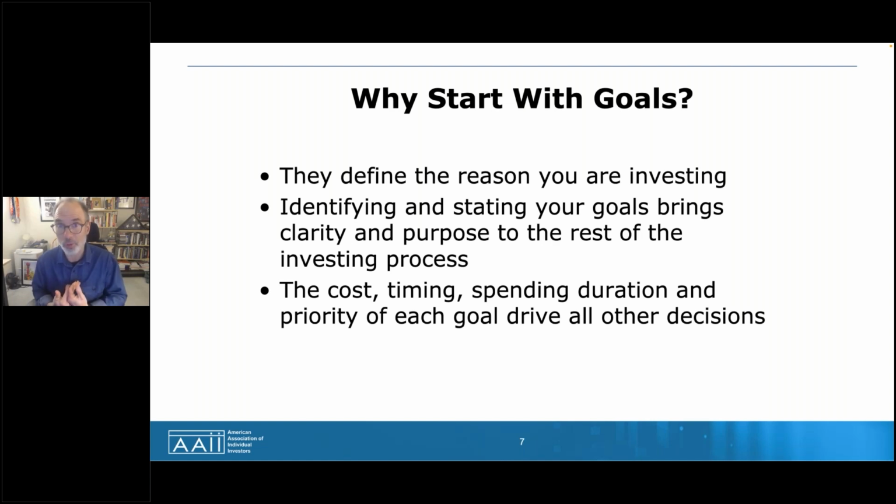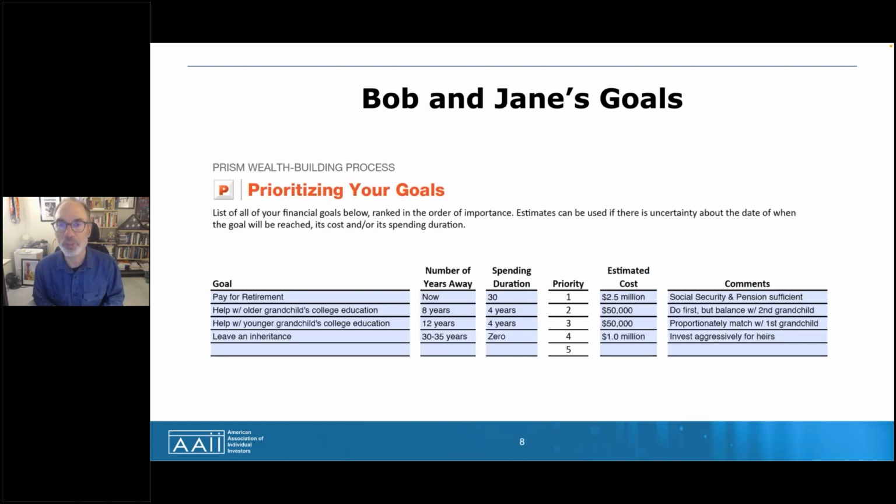I drive a Honda Accord, but if your goal was to have that brand new BMW, then you're obviously not reaching your goal. So this is why when we start with goals, the timing, what you're hoping to do, the purpose, all that plays a role in all your other investment decisions and how you're actually going to structure your portfolio to reach those goals. So let's look at Bob and Jane's goals.